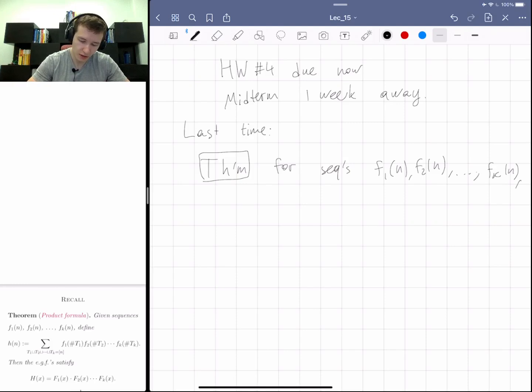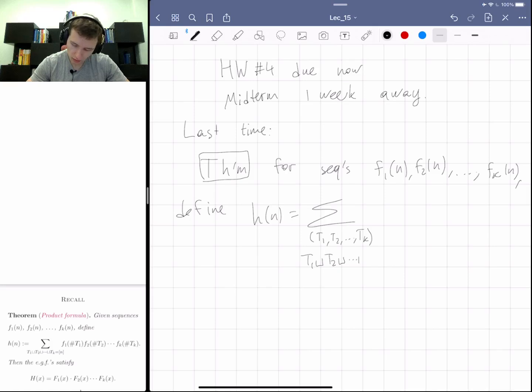And then you can define a new sequence, h of n, which is the sum over all ordered k-tuples of sets t1, t2, up to tk, whose disjoint union is bracket n.